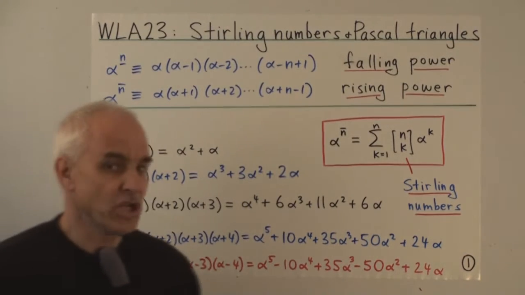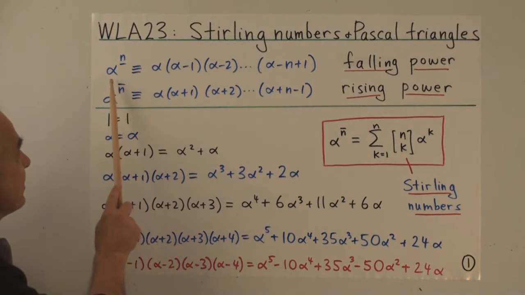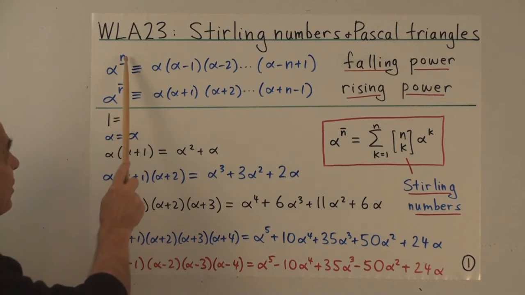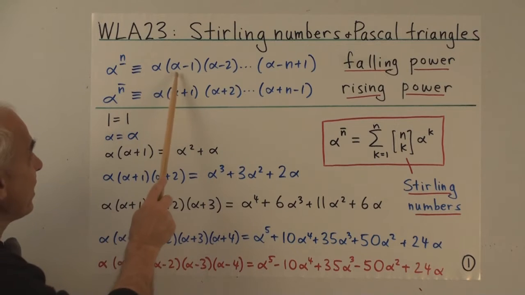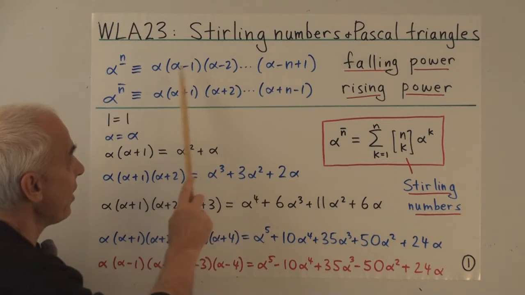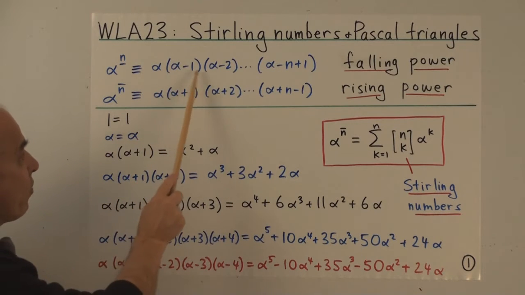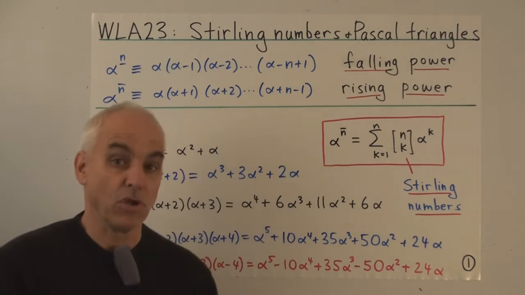First, I need to change my terminology a little bit. So last time we had a look at these two kinds of polynomials. So alpha to the n falling is alpha, alpha minus 1, alpha minus 2, alpha minus n plus 1. A product of n terms starting with alpha, each one less. So let's call that a falling power instead of a lowering power.